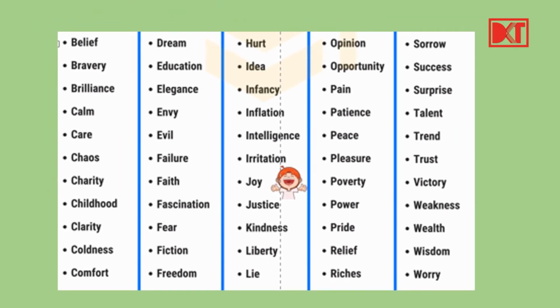These are pretty easy. You should pause the video and have a look at them for yourselves and give a read. I'll just quickly read them for you. Belief, bravery, brilliance, calm, care, chaos, charity, childhood. We took this example, remember?